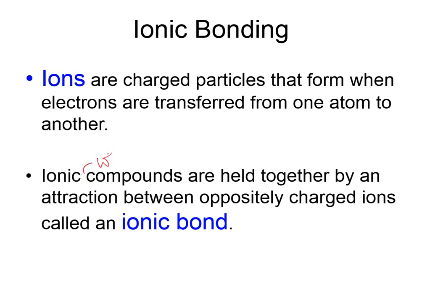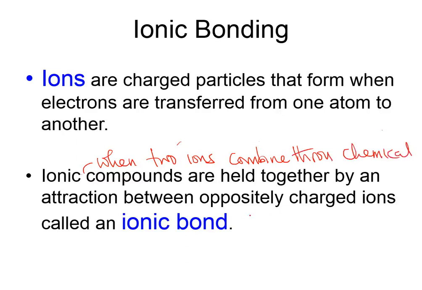So when two ions combine through chemical bond, they form an ionic bond, and whatever they form is an ionic compound because it's a compound formed from ionic bonds.